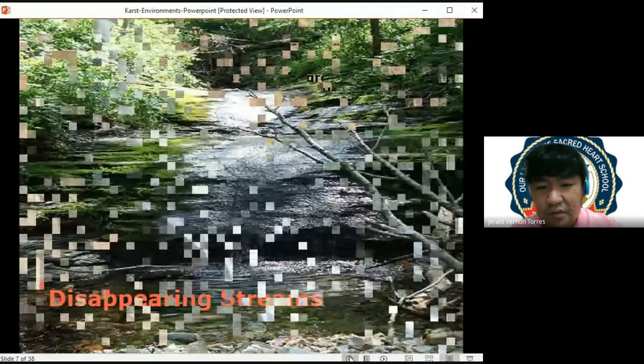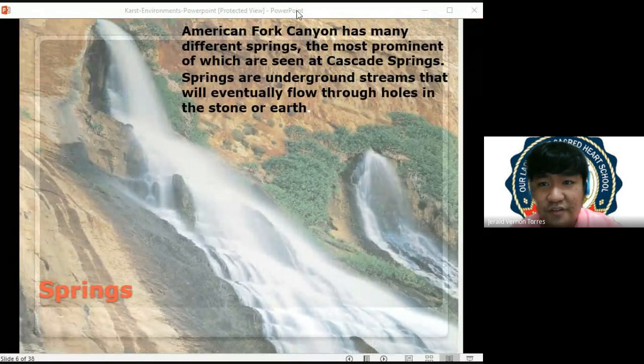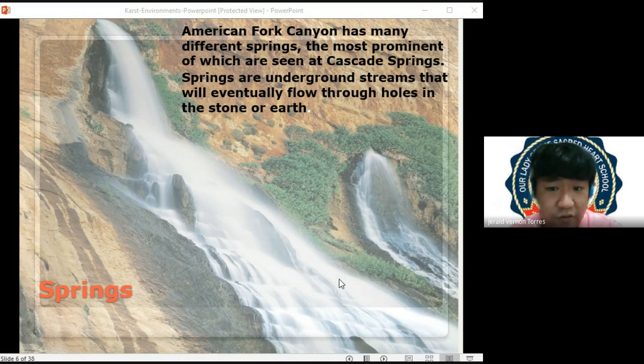So what are examples of karst environment? So of course we have the springs. This is an example of a karst environment kasi actually yung spring, it is a hole that is formed along the parent rock, and tong hole na to would cause the removal of groundwater from the parent rock.